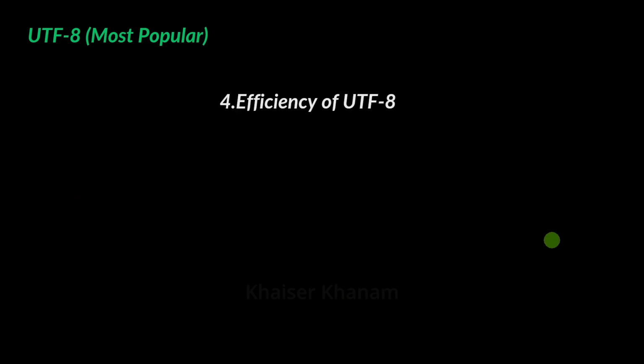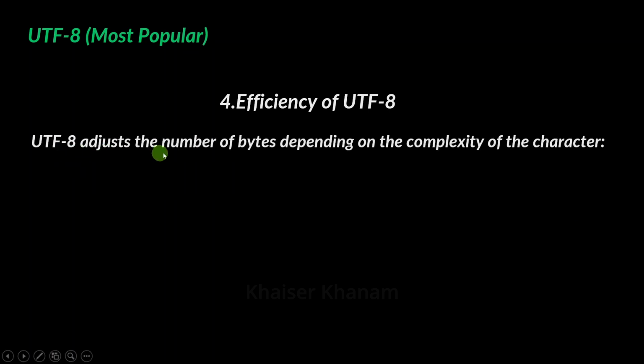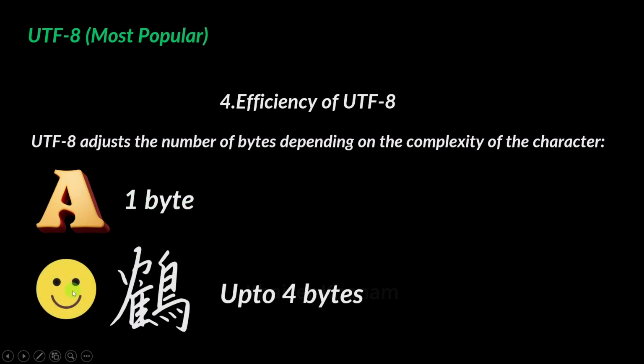Then fourth point, efficiency of UTF-8. UTF-8 adjusts the number of bytes depending on the complexity of the character. Okay, always it is not going to be 1 byte. It is just going to adjust based on the complexity of the character. For example, for letters, it will give 1 byte. For emojis or Chinese characters, it will be up to 4 bytes.